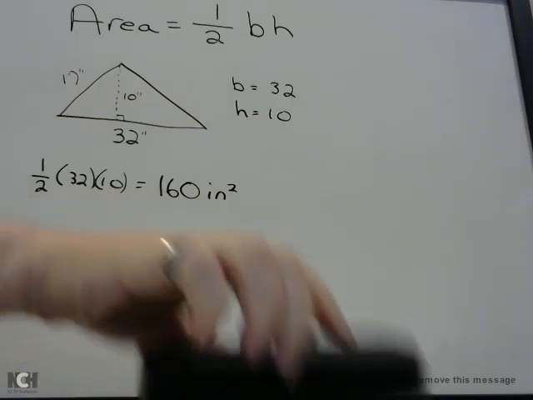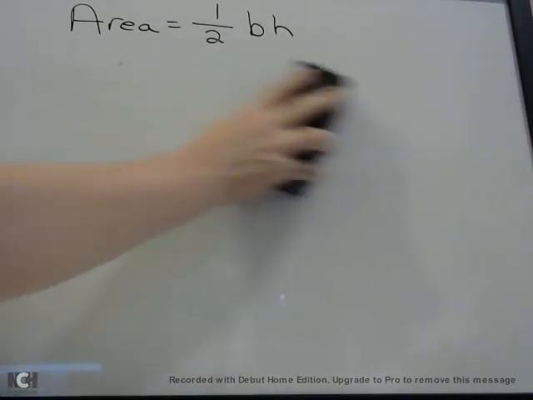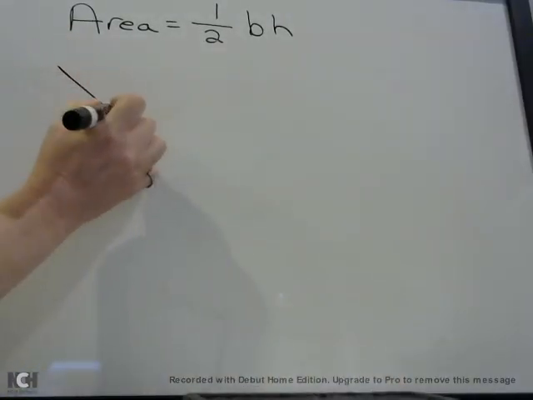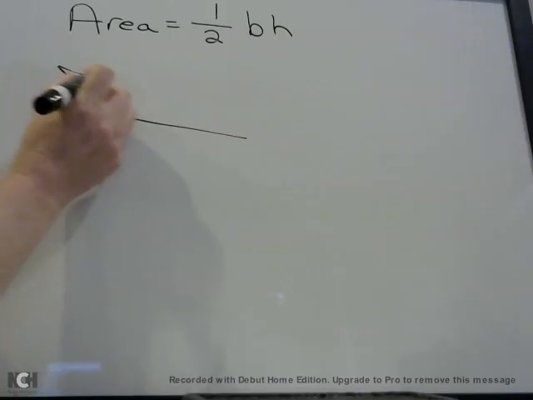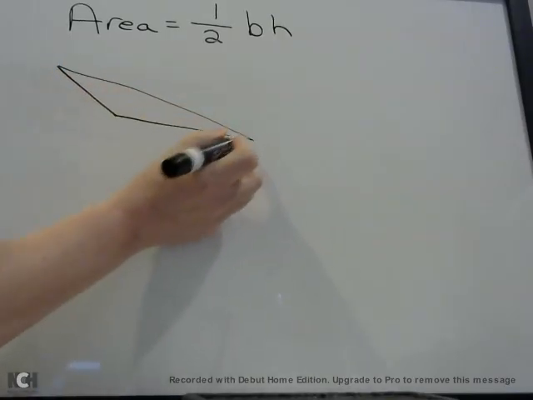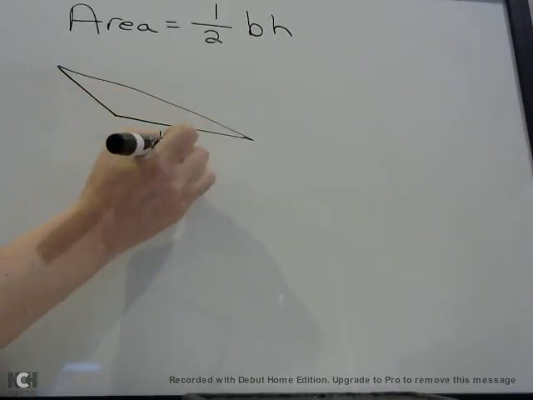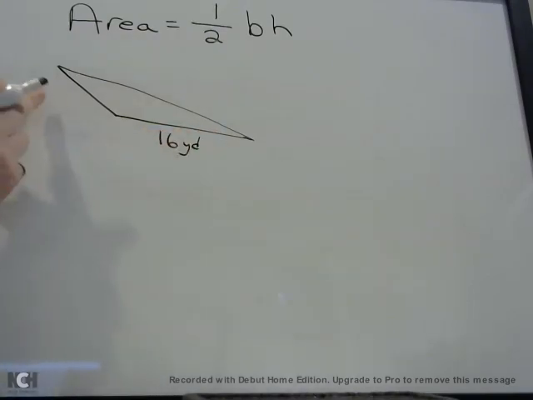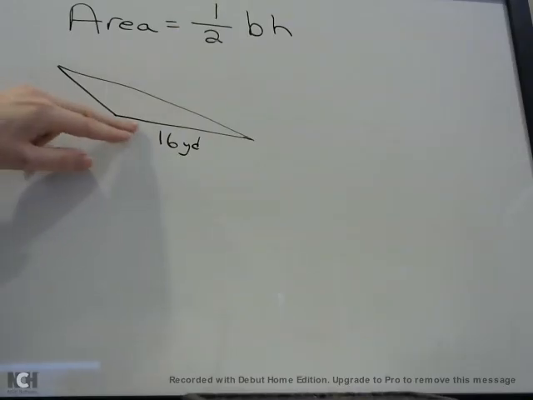Now if we have an obtuse triangle, it's going to look a little bit different. So if they draw a triangle like that, let's say they say this is 16 yards. To find the height, again, this has to be perpendicular to that base.